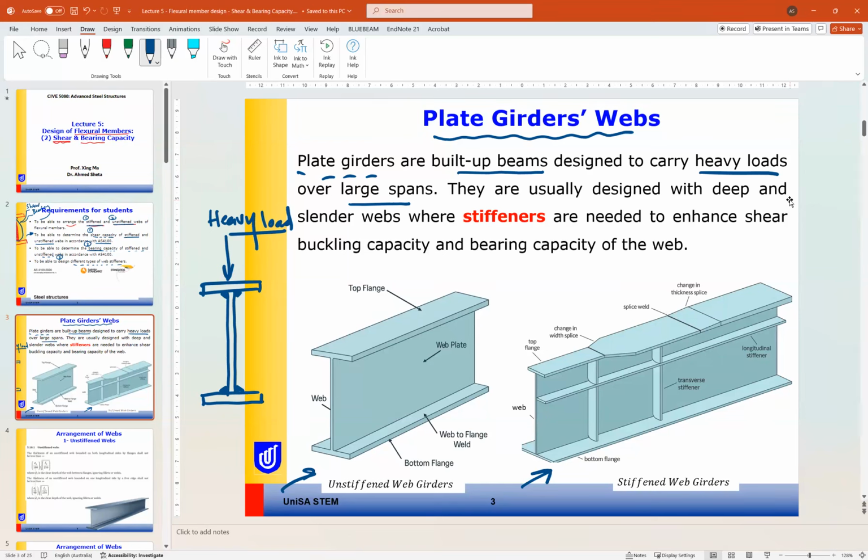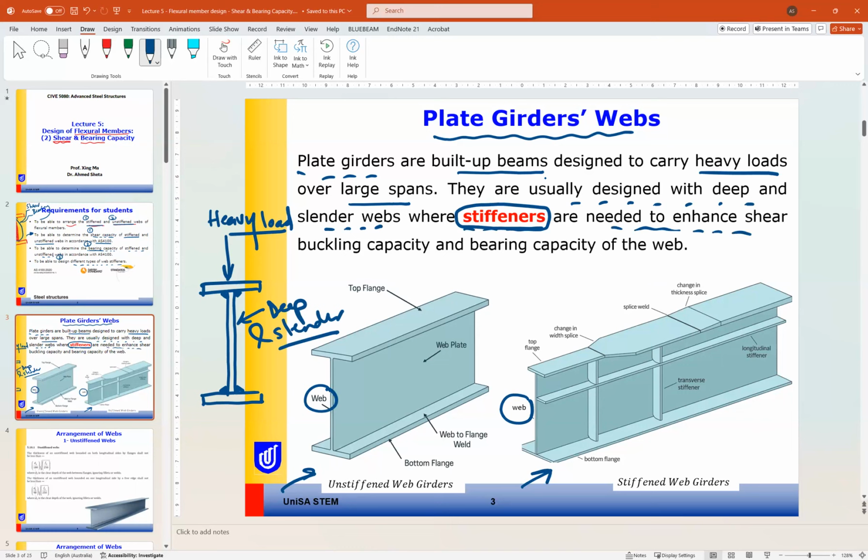These girders are usually designed with deep and slender webs. As you can see here, the web is deep and slender, so it is susceptible to buckling. That's why stiffeners are needed to enhance the shear capacity and the bearing capacity of the web.